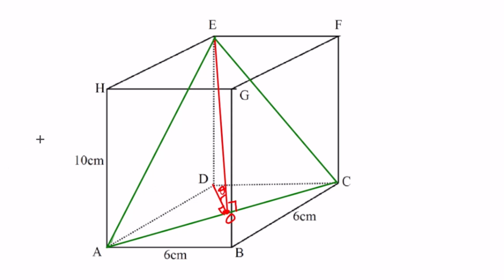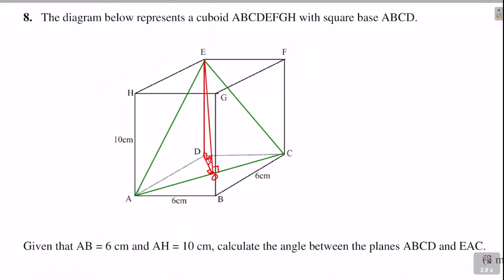So we need to complete that triangle, so that it can be visible very well. So this is a triangle. I want you to look at triangle EDO. I will extract it here, so that you can see it clearly.